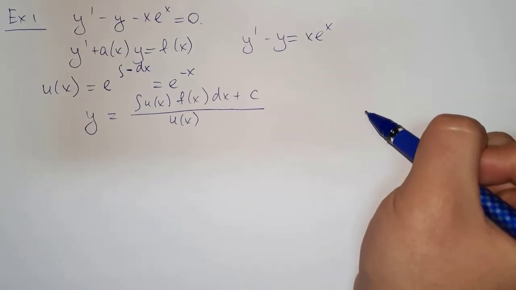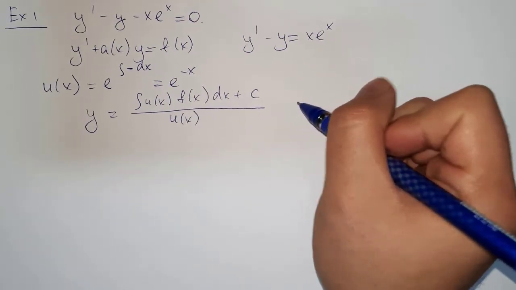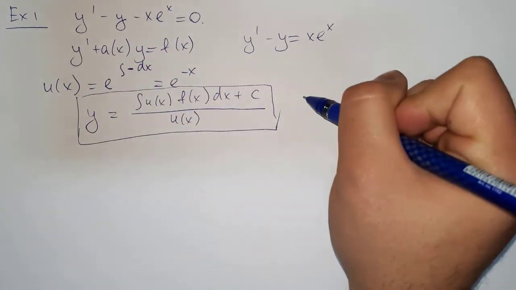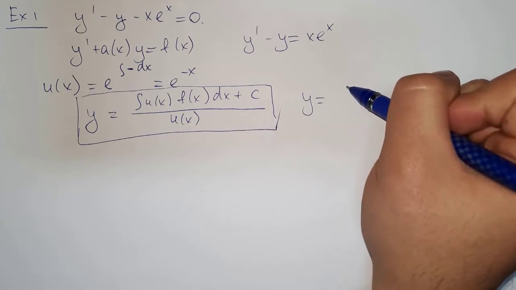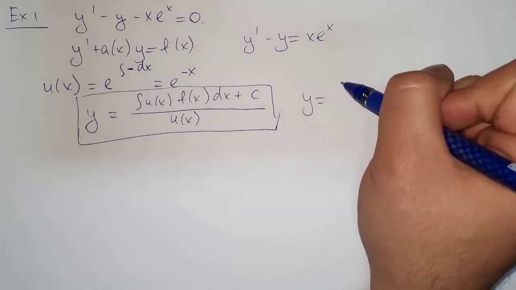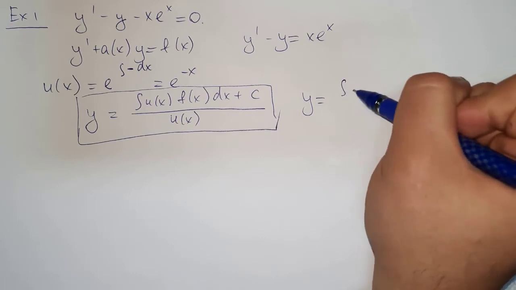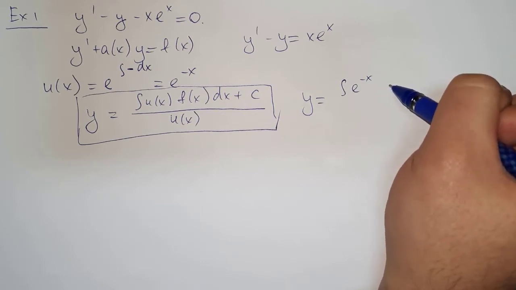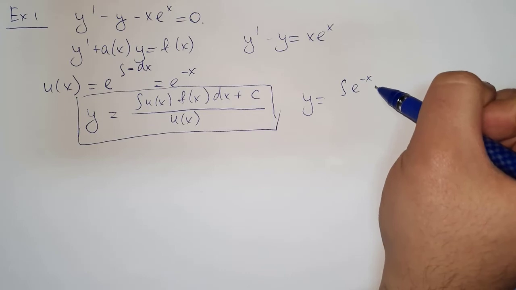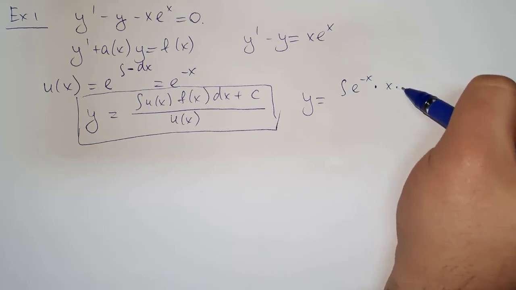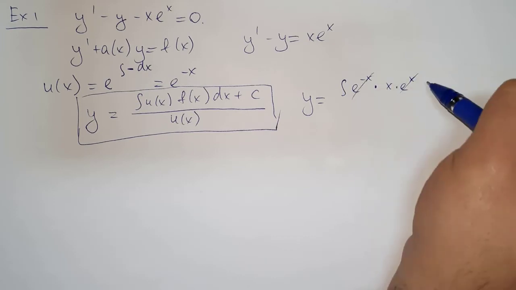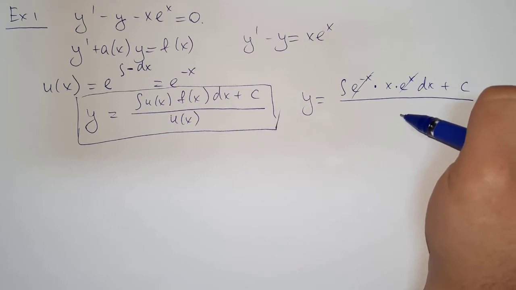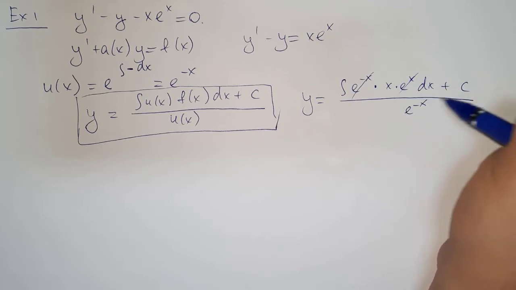So now this is the formula for you, and now our y is the integral of e to the power of minus x, this is after multiplying, times f of x, which is x times e to the power of x, they are cancelled, look here, dx plus constant, over u of x, so it is e to the power of minus x.